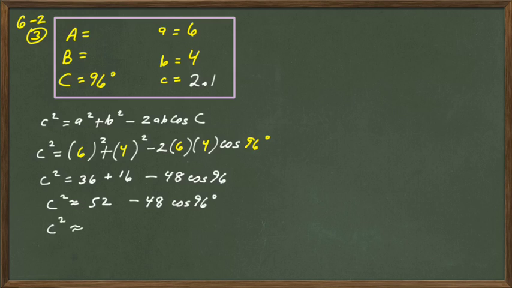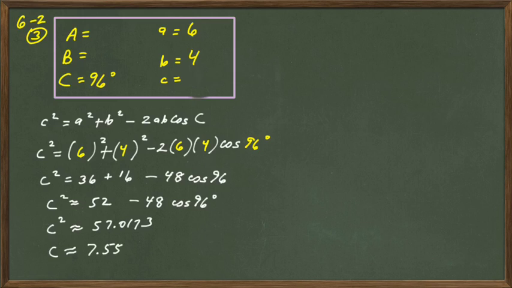So when I punch this in, I'd have 52 minus 48 times the cosine of 96, right? That's more like 57.0173. And if you take the square root of that, you'll get 7 point something, 7.55.